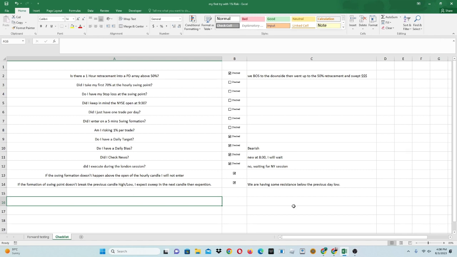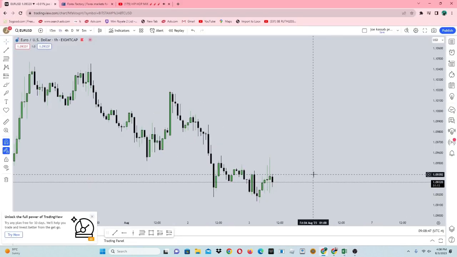But I will be updating this Excel sheet. I will be putting what I should see before my execution, and how I should manage my execution. So I will have strategy before execution and managing during execution. I will have two checklists for me to have a clearer Excel sheet in order to execute smoothly.